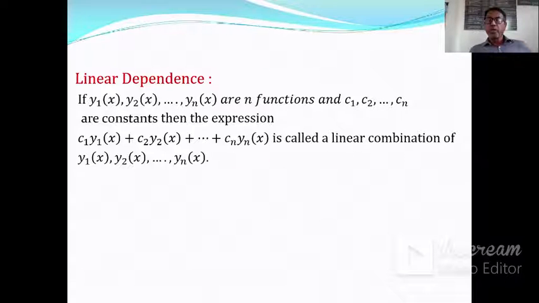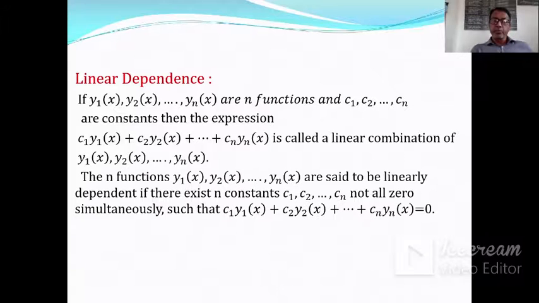Therefore, if y1 of x, y2 of x, ..., yn of x are n functions of x and c1, c2, ..., cn are any n constants, then the expression c1 y1 of x plus c2 y2 of x plus ... plus cn yn of x is called the linear combination of y1 of x, y2 of x, ..., yn of x. Do you understand this definition of linear combination? We want to use this to define linearly dependent and independent functions.